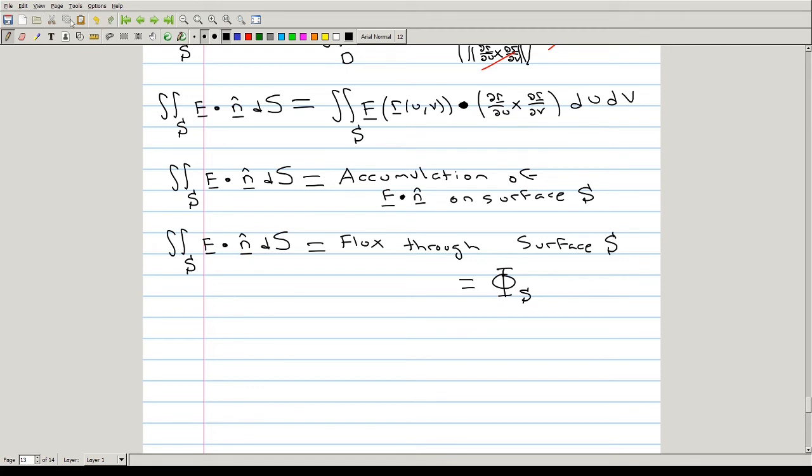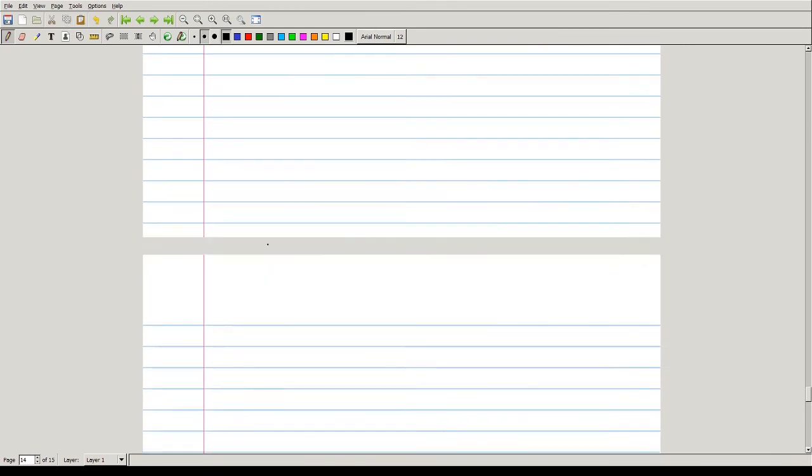So using this idea of flux, one of the nice things we can do is get an alternative definition of the divergence that we'll see is exactly equivalent to our original definition of divergence.